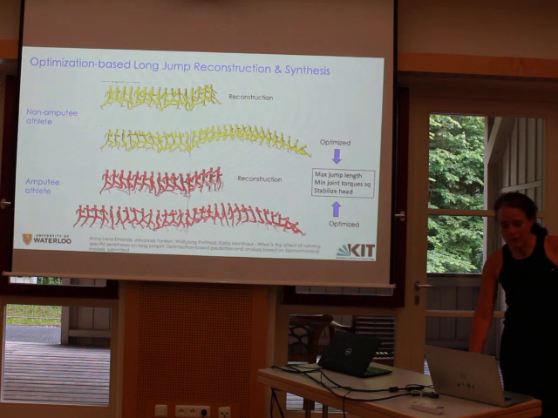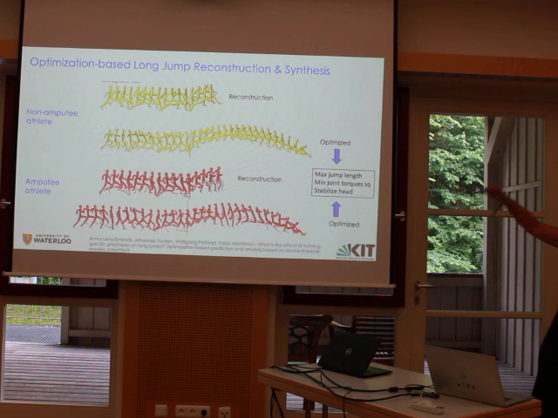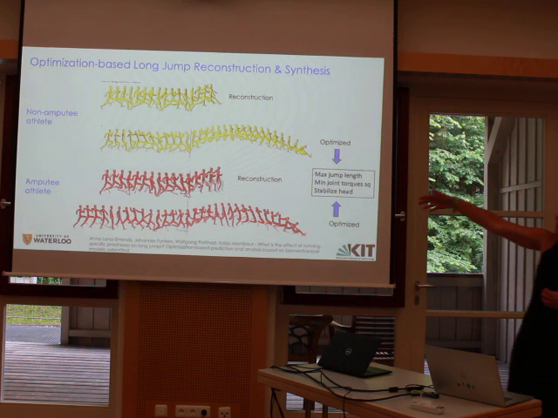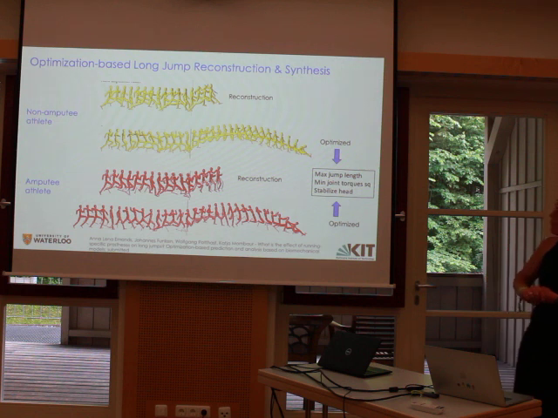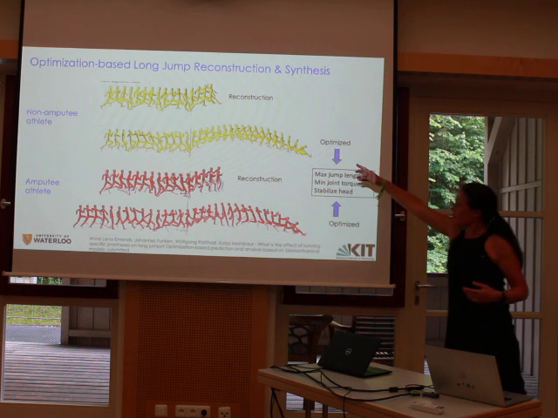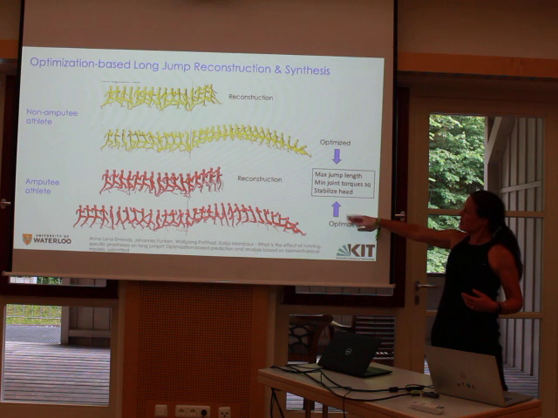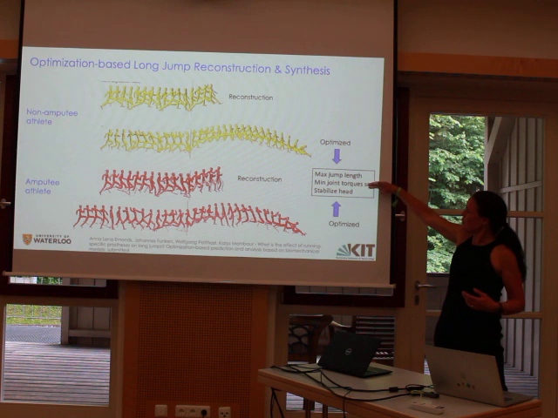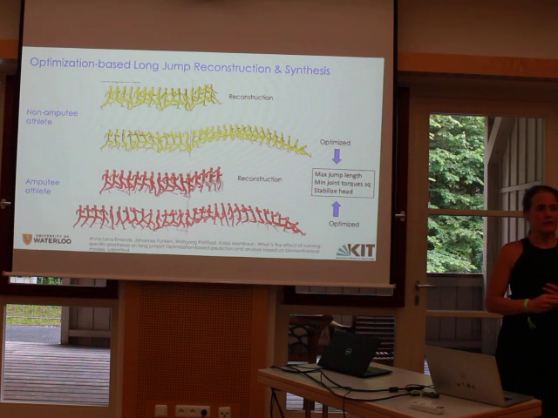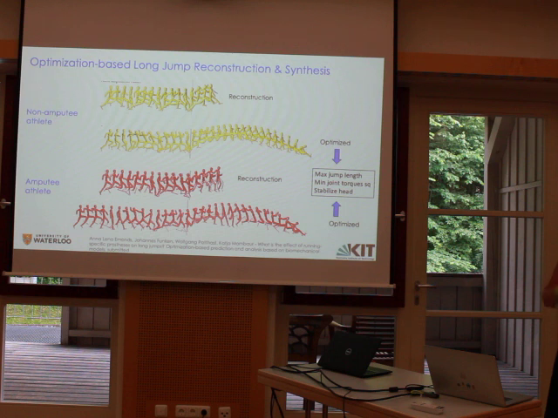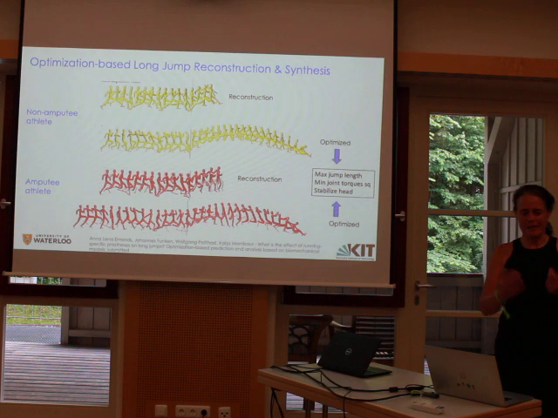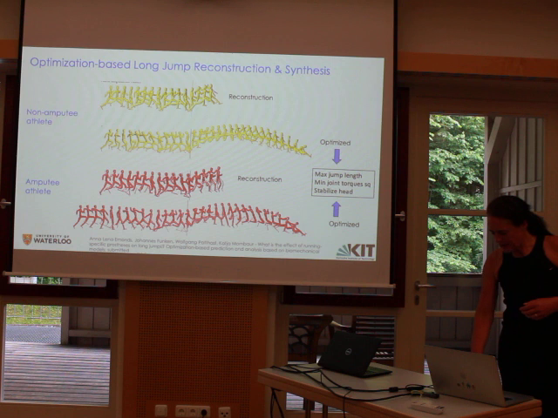Just to briefly show, we also did long jumping. So here you see a comparison of the actually recorded motion, which was only recorded briefly after the takeoff, and then the longer ones are actually optimized ones, which come from a combination of the maximization of jump length, joint torques, and a head stabilization, which are, of course, a bit too optimistic, because it's really optimization, assuming everything goes right, but they generate quite realistic motions.